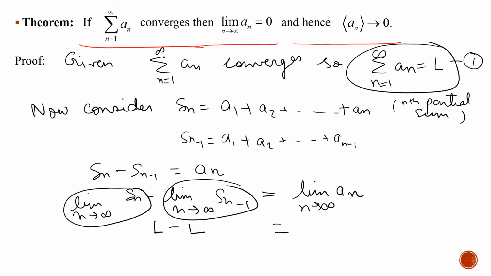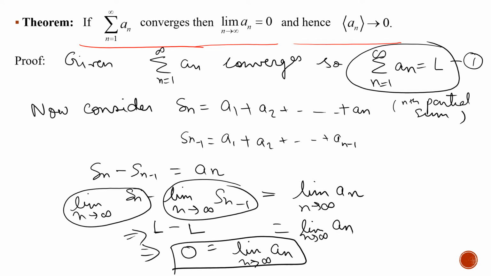So this will be equal to 0, which is the limit of an, and this implies that your sequence will converge towards 0.